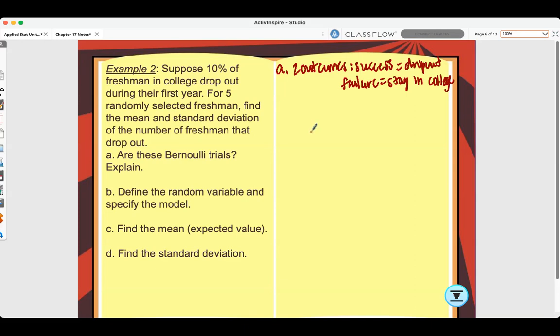The probability of success is 0.1 for each freshman. So the trials are not independent because the population is finite, but 5 is less than 10% of all freshmen in college.